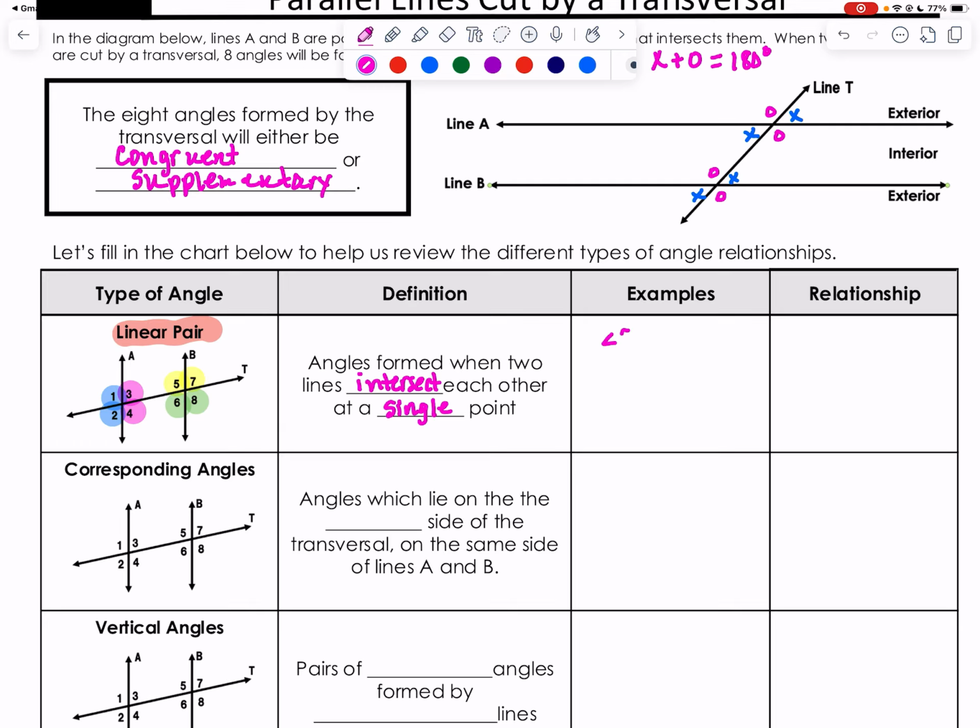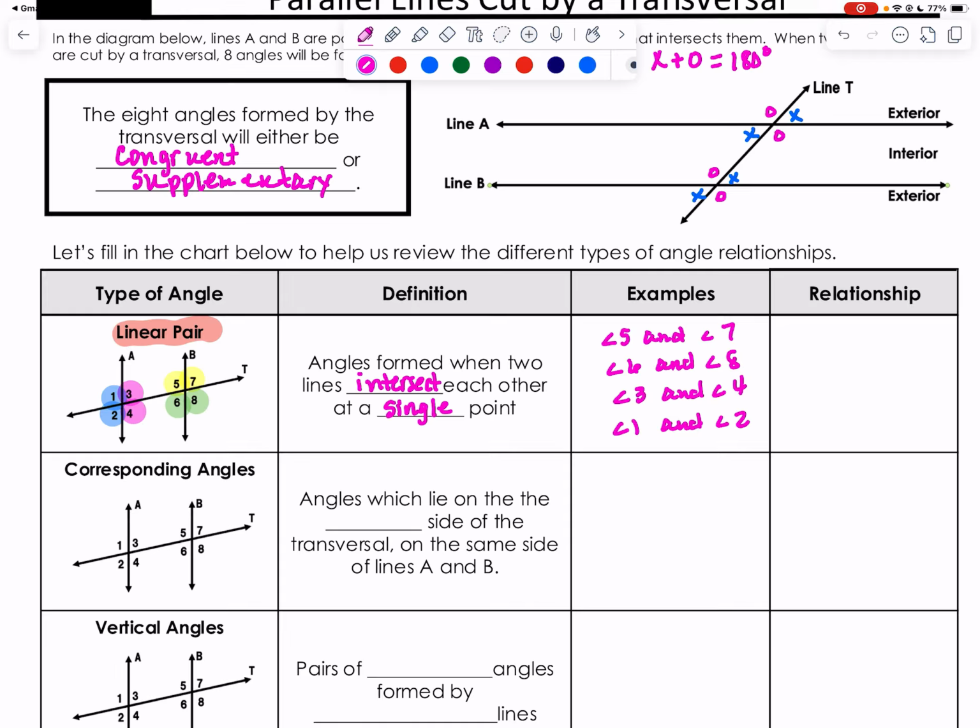We said angle 5 and angle 7, angle 6 and angle 8, angle 3 and angle 4, angle 1 and angle 2. Now, there are more linear pairs. I'm just listing a few of them.